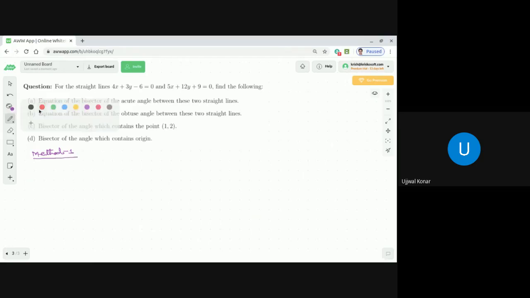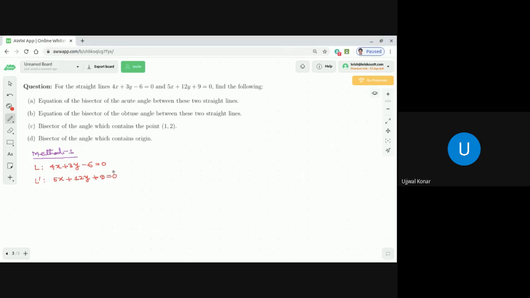So, the equations of the straight lines are: L is 4x plus 3y minus 6 equal to 0, and L dash is 5x plus 12y plus 9 equal to 0.